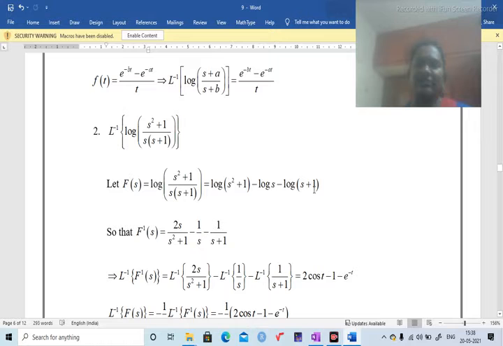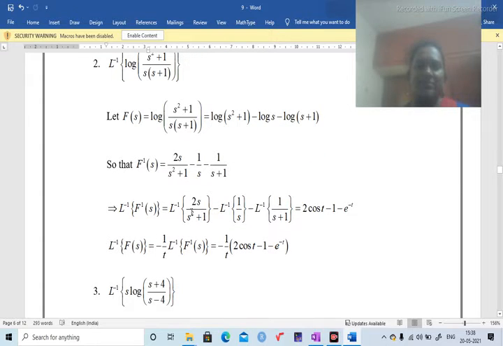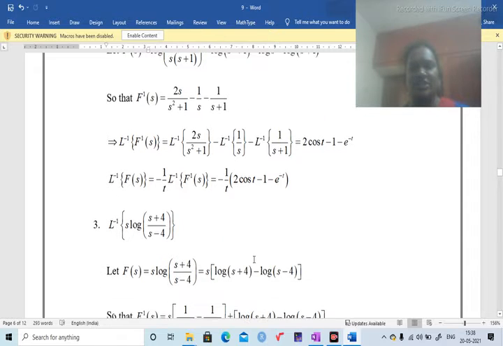Log of (s plus 1) differentiation is 1 by (s plus 1). Take L inverse on both sides. Here observe 2 outside. The remaining L inverse value is cos t. L inverse of 1 by s is 1. L inverse of 1 by (s plus 1) is e power minus t. This is the formula. Here we know the value of L inverse of f dash of s. Substitute. Then this is the value of the inverse Laplace transform of the given function.